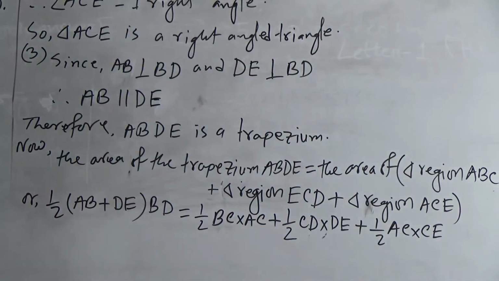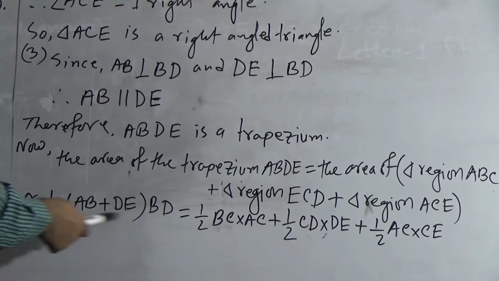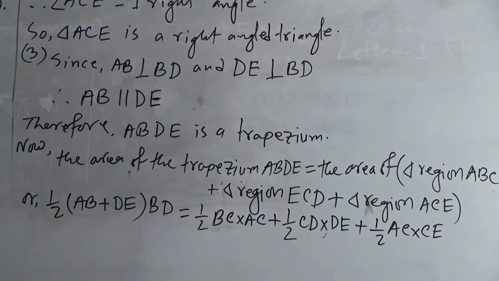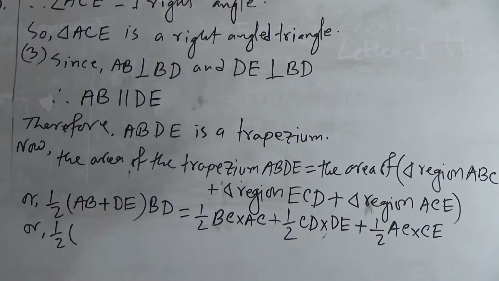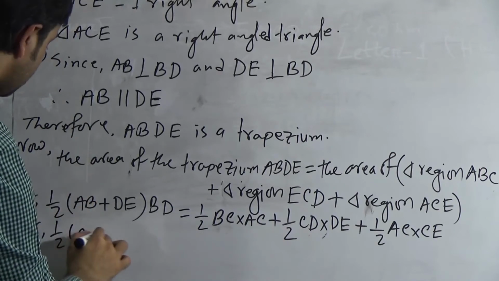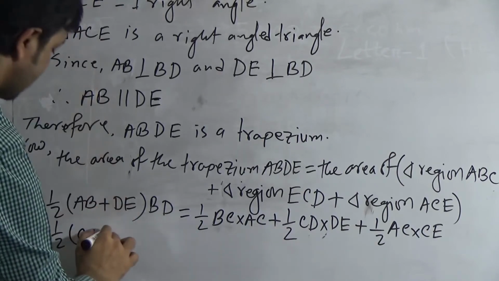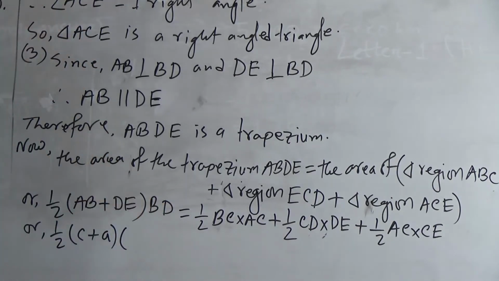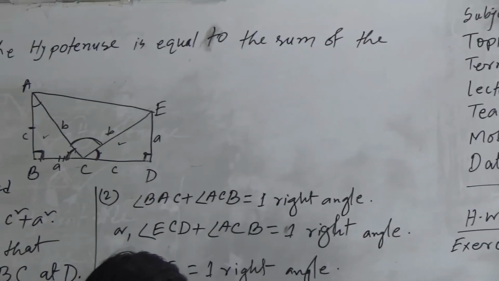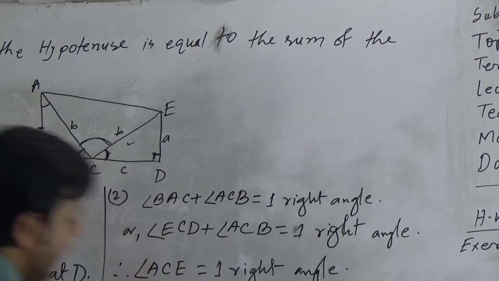Now we can put the values. AB means C, DE means A. Then BD means BC plus CD, it means A plus C, and then half.